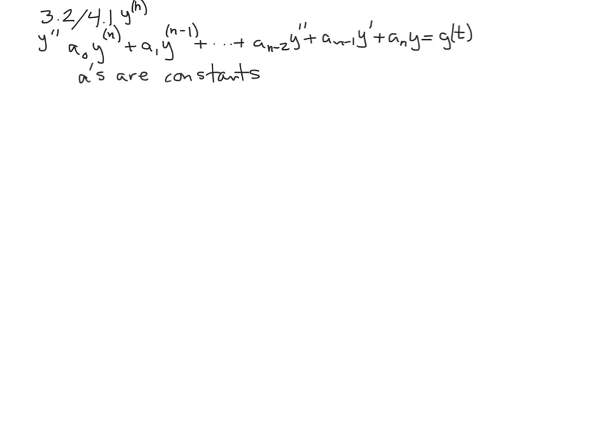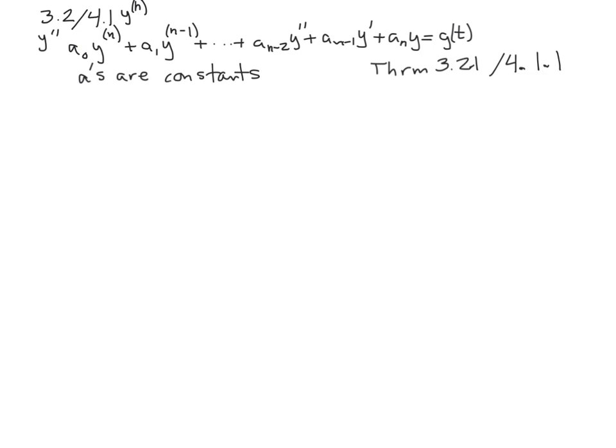Now, chapter 3, or 3.2, starts out, and actually 4.1 does as well, with two different theorems. I'm just going to write them on the side here so you can look at them: theorem 3.2.1 and theorem 4.1.1. Both of these theorems basically state that for this type of differential equation, the one I have written here, there is a solution, it's going to be unique, and it's defined on some interval where everything out in front of these derivatives is continuous.